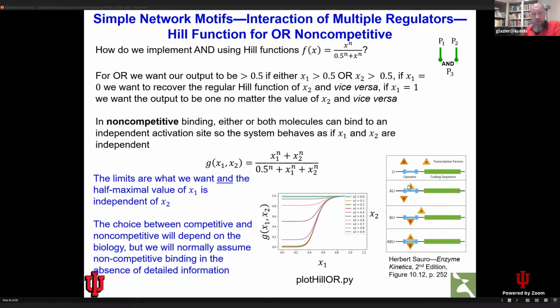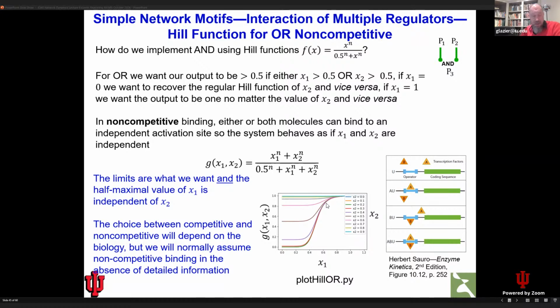For non-competitive binding, x1 and x2 are independent. We have x1 to the n plus x2 to the n divided by 0.5 to the n plus x1 to the n plus x2 to the n. In this case, if x2 were 0, I just recover my Hill function for x1. If x1 and x2 are both big, I get a value of 1, which is what I want.